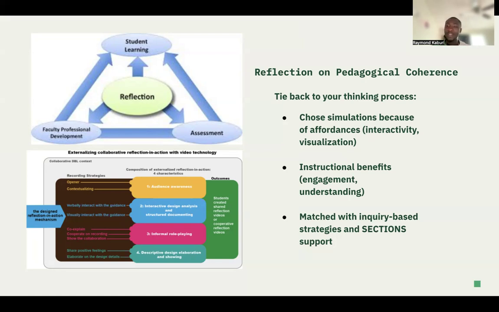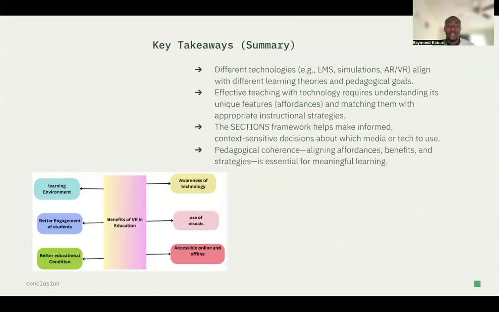Its instructional benefits are that it is engaging, aids understanding, and is matched with inquiry-based strategies. It is also supported by the SECTIONS model for the teaching of physics. That is why we chose this particular technology.